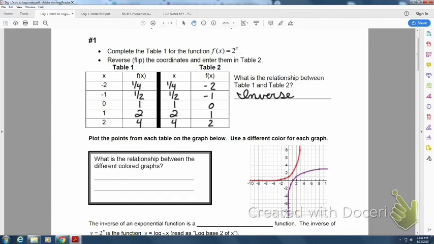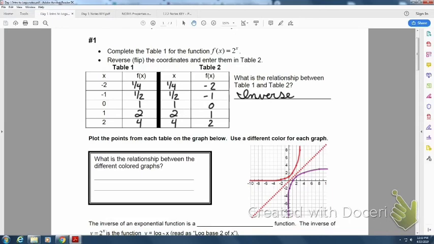So we just talked about the table and what makes that an inverse. Obviously, if it's an inverse on the table, it's going to be an inverse on the graph. But how can I tell that they are inverses just by looking at the graph? What is that line called? What's the parent linear function?